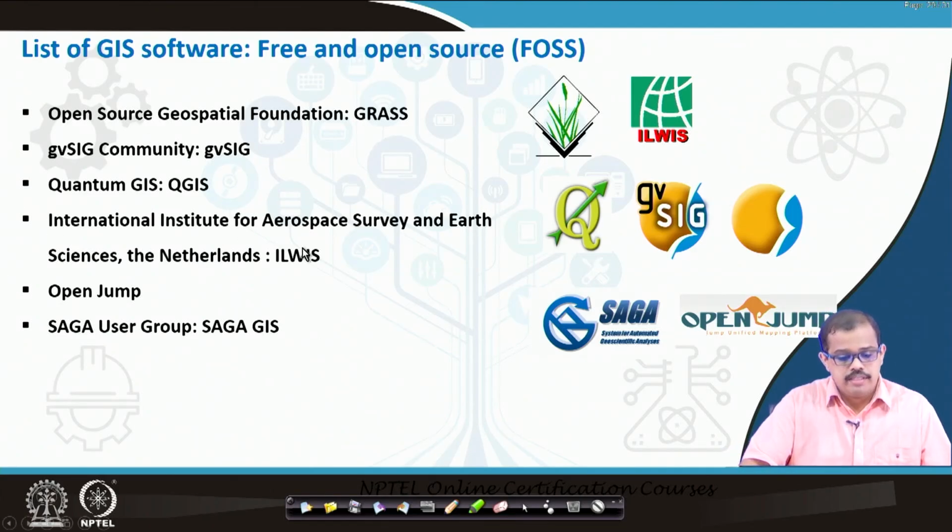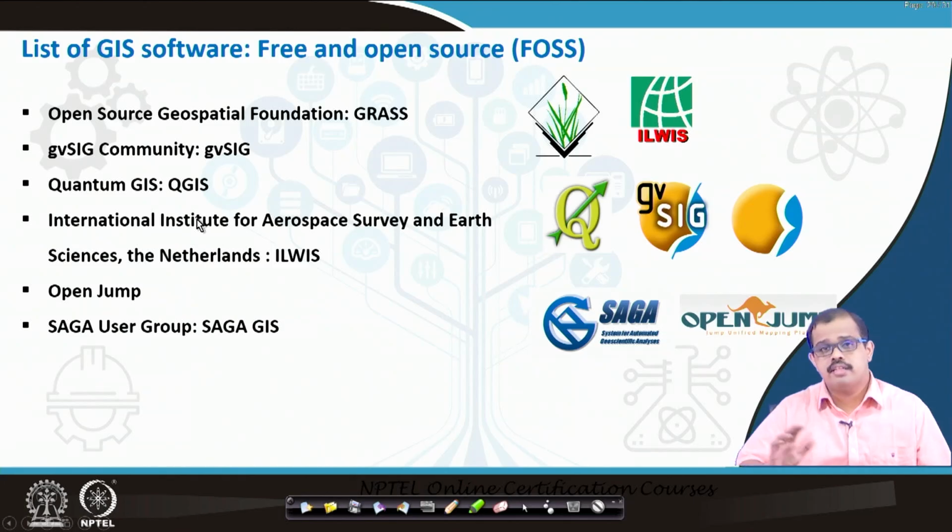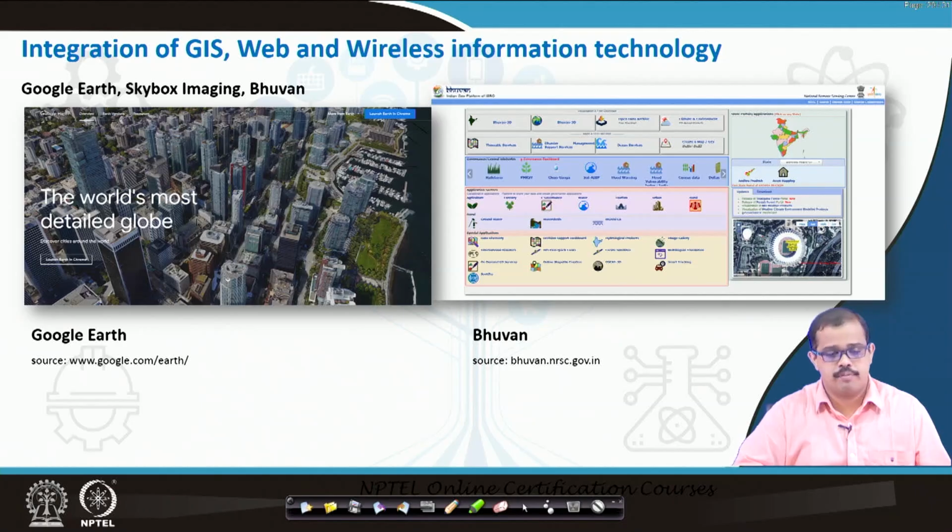Then you have ILWIS. ILWIS was one of the first of those softwares which were developed, which were extremely handy in handling geospatial information. OpenJUMP is another software. If someone is interested in advanced analysis, OpenJUMP and SAGA GIS are quite efficient in handling any type of geospatial data. But I would suggest GRASS and QGIS as some of the best combinations that you can have in the development of our understanding of geographic information systems.